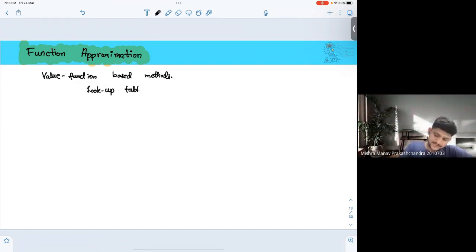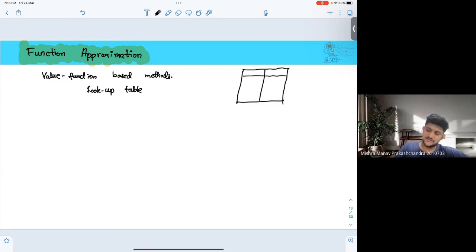Okay. So what happens in value function method is, let's say you have a bunch of states. Okay. So you have a table. So you have a bunch of states S, and you have the corresponding value functions V of S. Okay. So you store S1, you update value of S1, and so on. Okay. So it's a tabular representation.